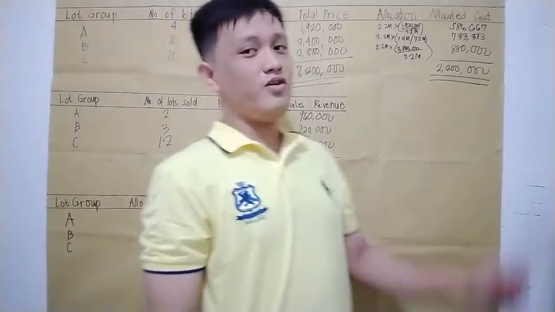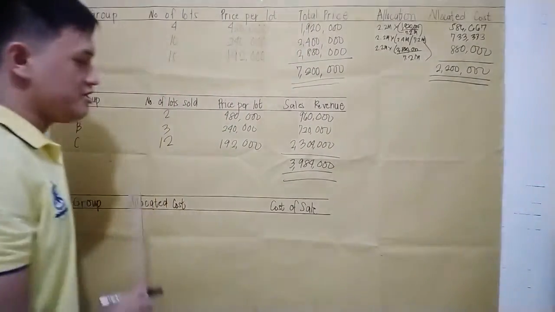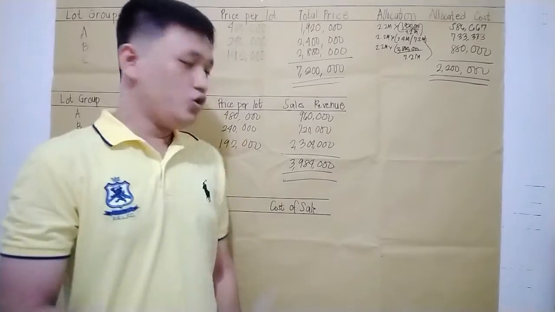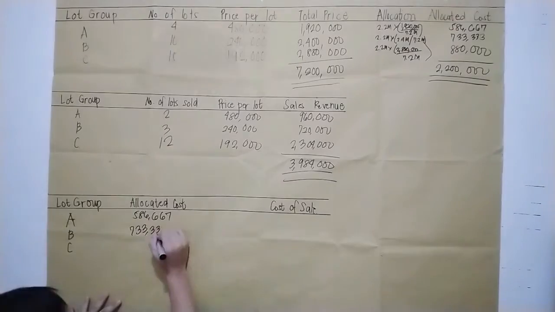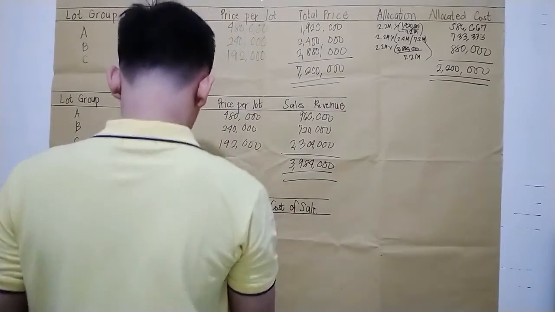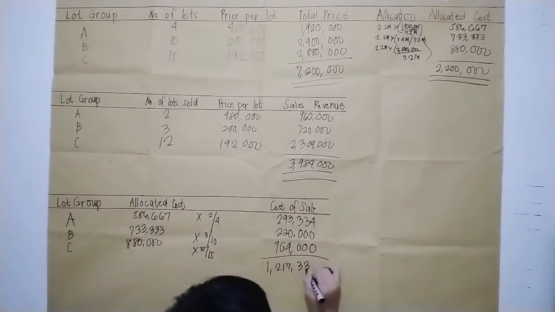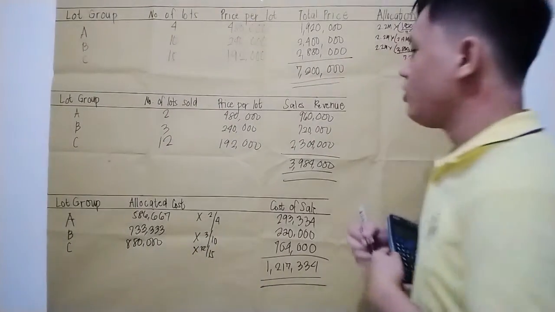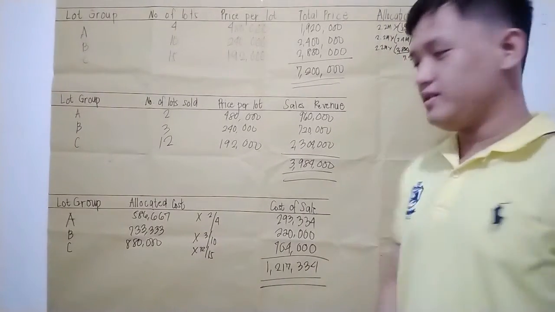In each group's allocated cost, this will be multiplied by their specific number of lots sold and divided by its number of lots to get its cost of sale. So now our cost of sale is 1,217,334.